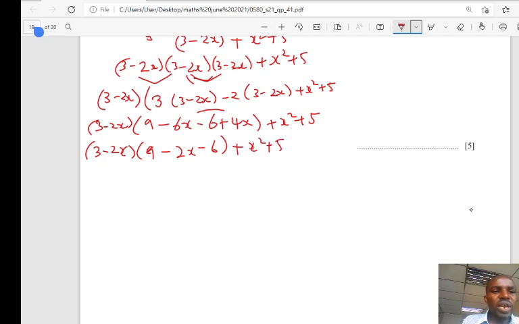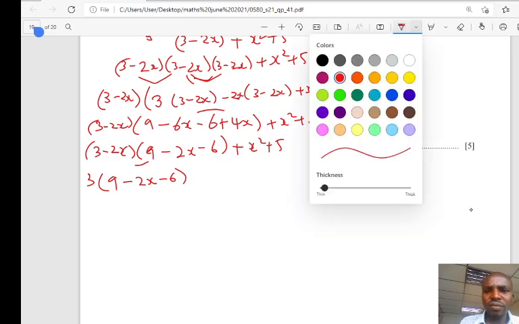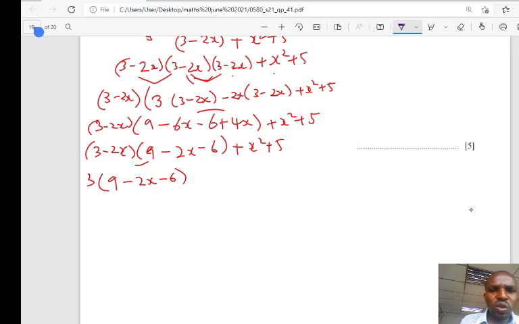Now remove this bracket, this one and this one. There's an error there: the 6x should be 6x and the last term should be 4x squared.